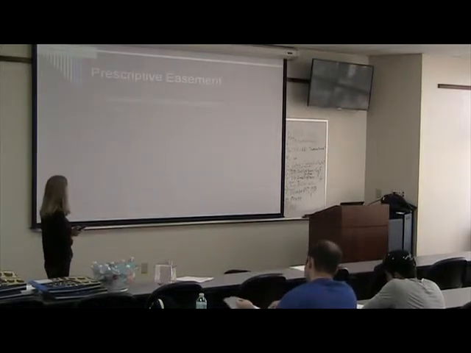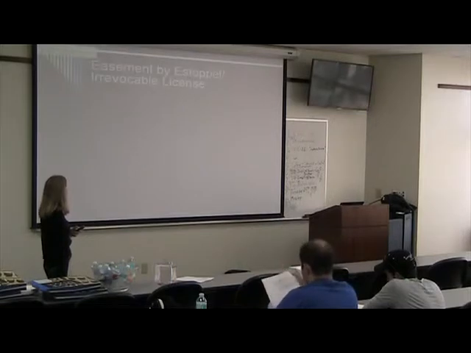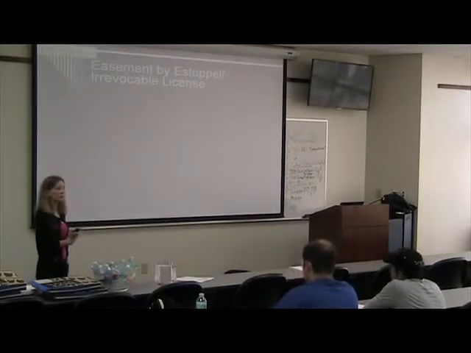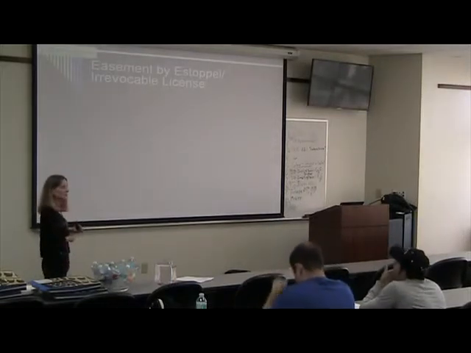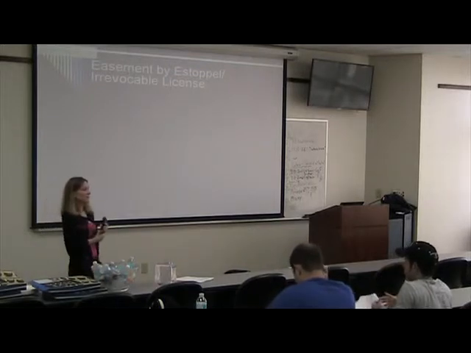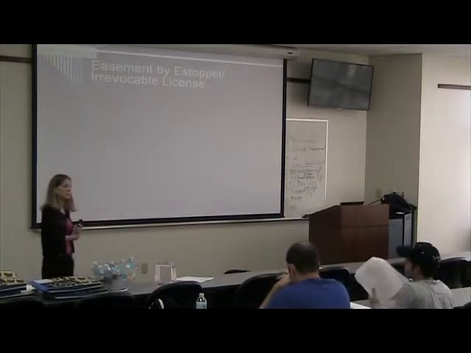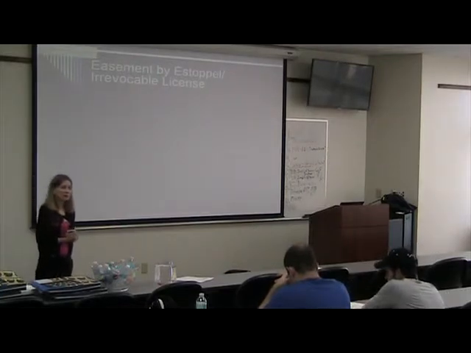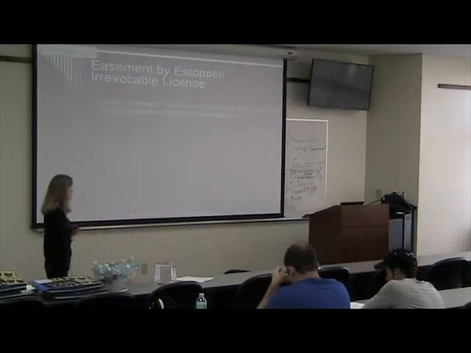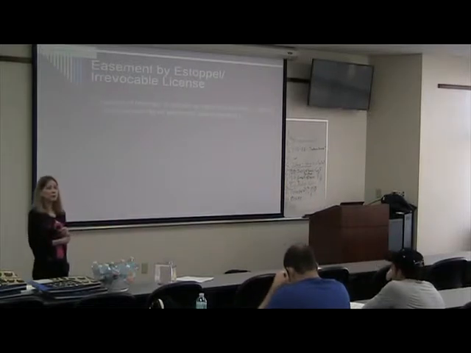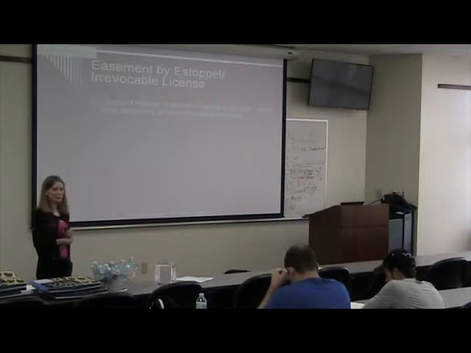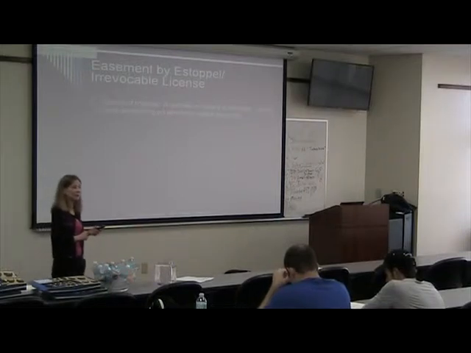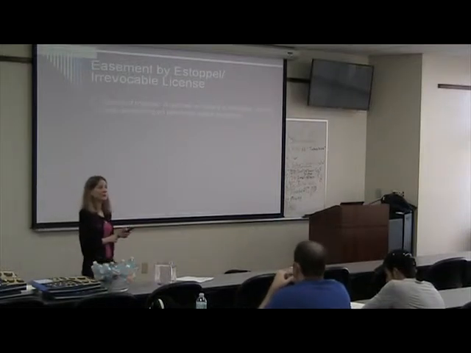If for any reason you say that there isn't a prescriptive easement, then the last thing you want to consider is this irrevocable license / easement by estoppel. They're really the same thing. There's a lot of case law that says they're really the same thing. If their initial use was permissive, it's not going to be hostile for the purposes of a prescriptive easement.